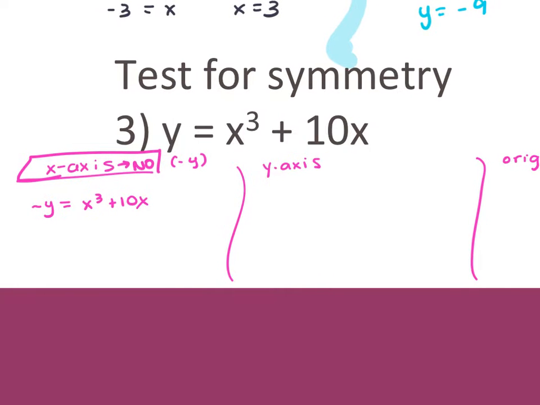Then I go to the y-axis, and for this one, I plug in -x. So I get y equals -x to the third plus 10 times -x. This simplifies to -x to the third minus 10x.